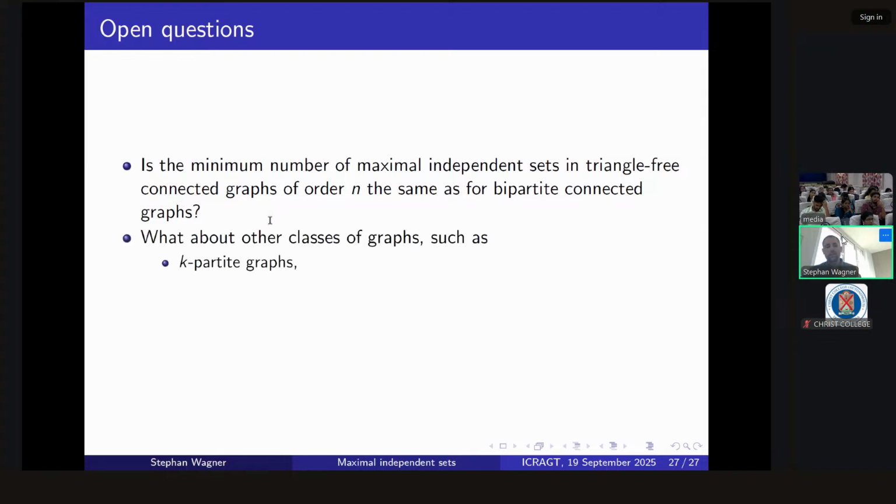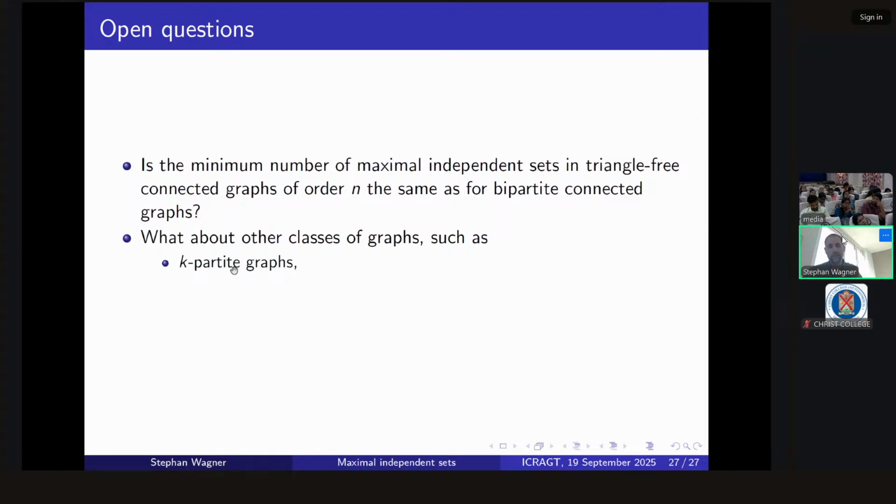What about other classes of graphs? We have done bipartite graphs. What about generally k-partite graphs? I do not know the answer. For bipartite graphs, the minimum number of maximal independent sets was linear, provided the graphs were twin-free. Does this remain true for k-partite graphs? Or do we have maybe faster growth?